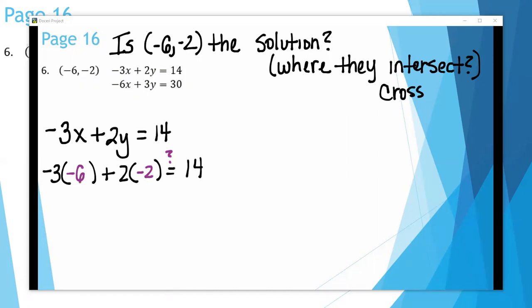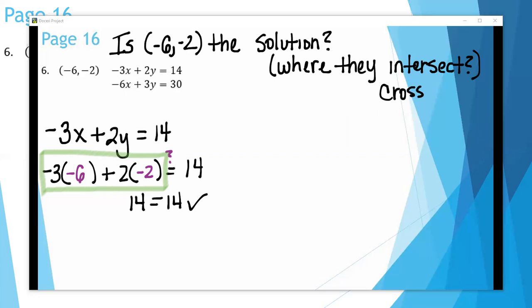So in your calculators, go ahead and type that in. And we do get 14. So that worked. But we have to be sure because so far it's looking good. But we can't be for sure unless we check the second equation.